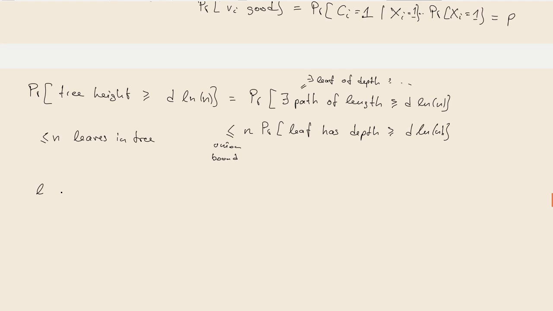So if L is a leaf in the tree, then we denote by V1 up to Vd of L, the depth of L. The last one is exactly L itself. We denote by this the path from the root down to this leaf. So this is the depth of this leaf.